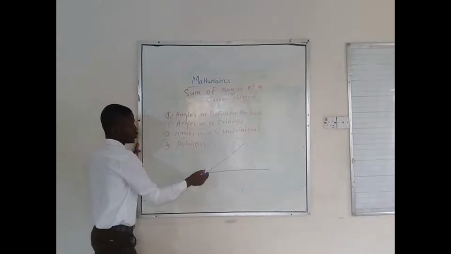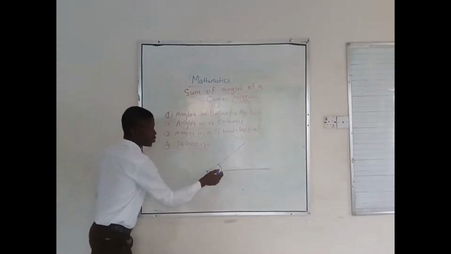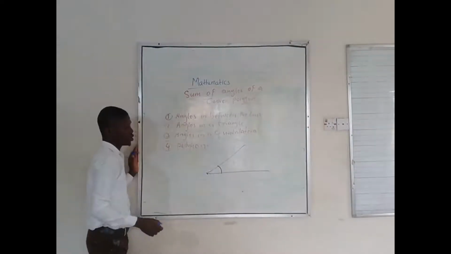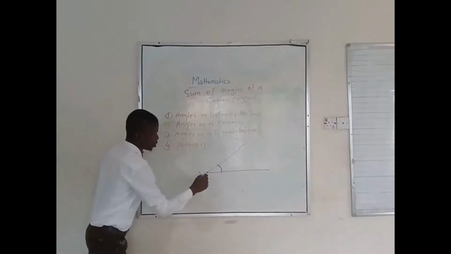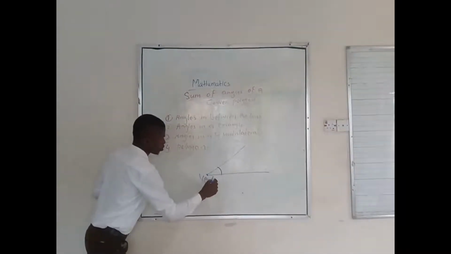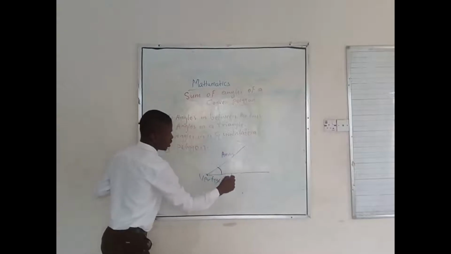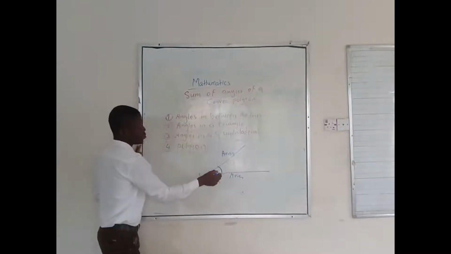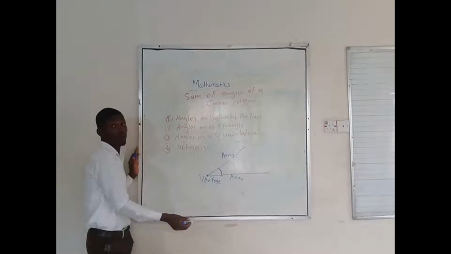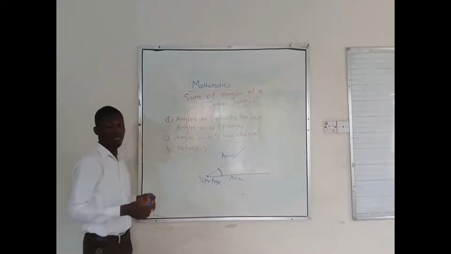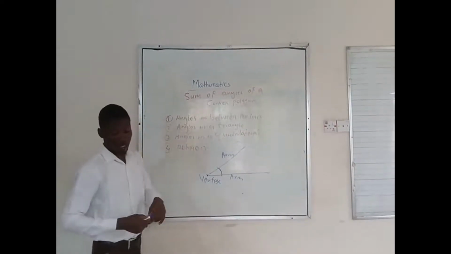They meet at this point. Here is the angle according to our JS1 definition, and here is the vertex. Here is the arm. Here is the arm. And this side may be clockwise or anti-clockwise, as the case may be. And that's the definition of angle.